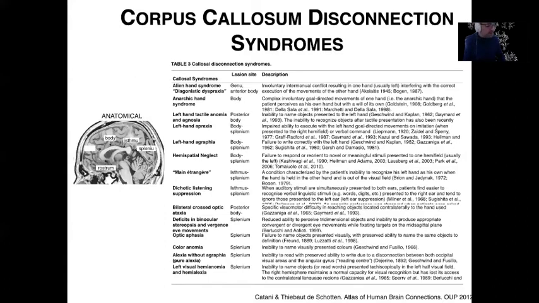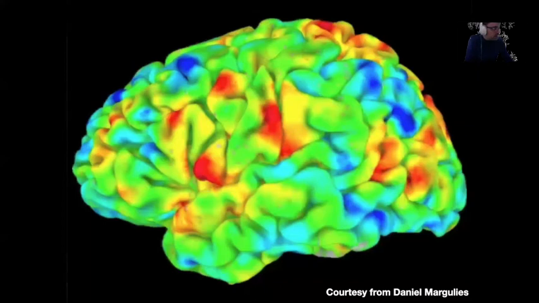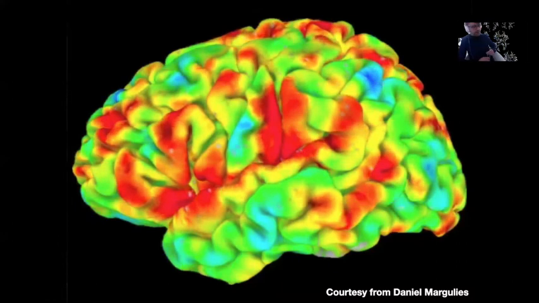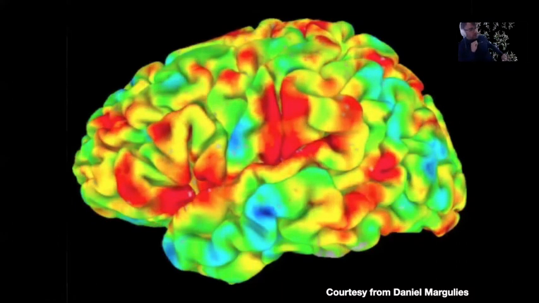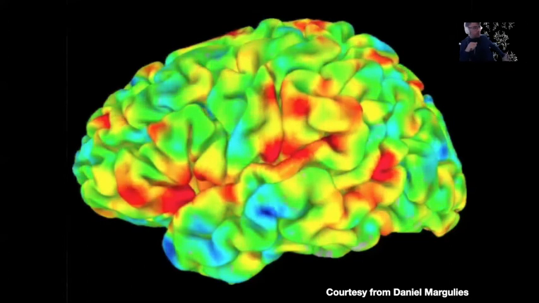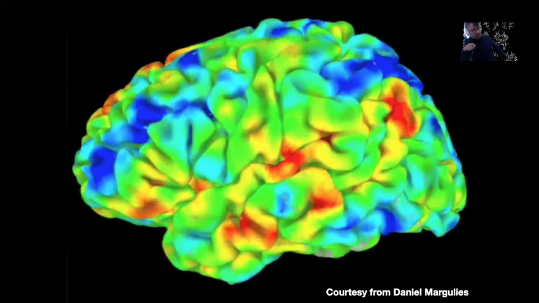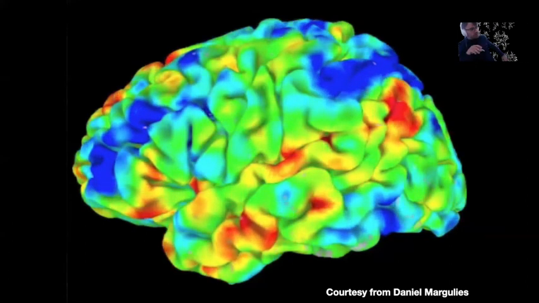And this is for the behavior you can look at. In terms of strength of connections between homotopic areas in the left and the right hemisphere, we're going to have to turn to a method which is resting state functional connectivity. I might have shown you this wonderful slide from my friend, Professor Margulies, where you can see the fluctuation of the BOLD signal in the brain at rest. You can see how some areas seem to be synchronized in their fluctuation.